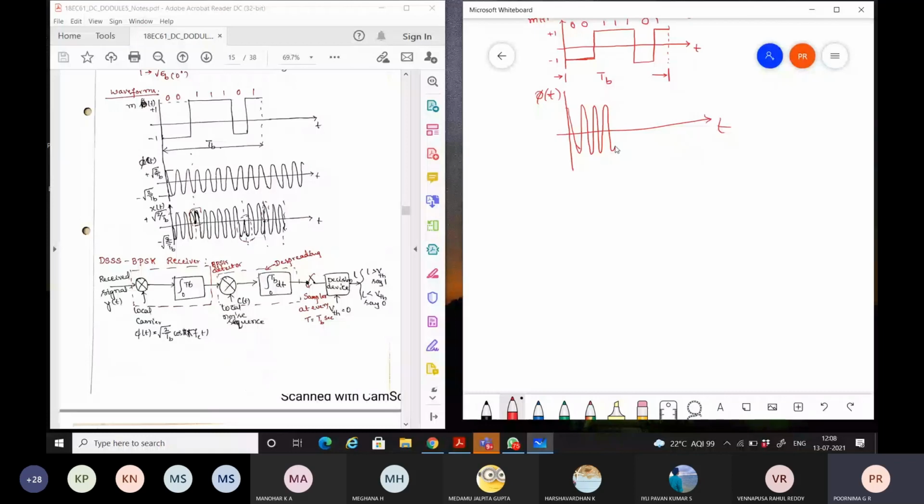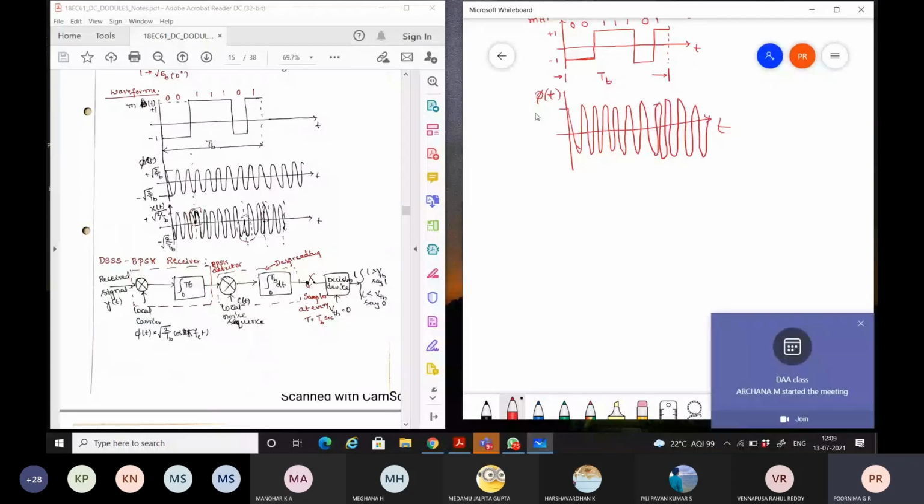Try to plot these waveforms over the graph sheet so that it looks like a neat waveform. Okay, but you see that phi of t will start at 90 degrees. Root of 2 by T_B, and this will be minus root of 2 by T_B. That is the amplitude. Okay.